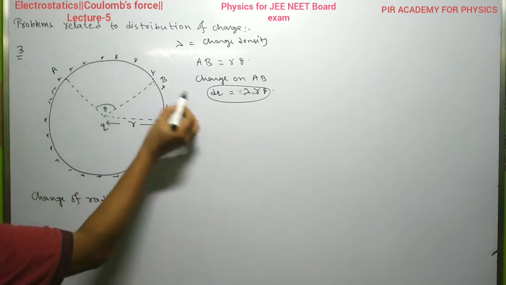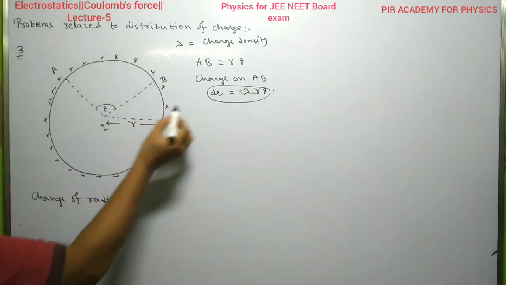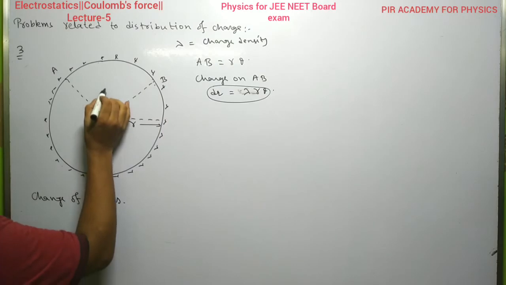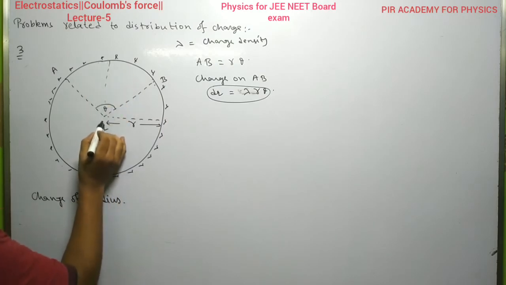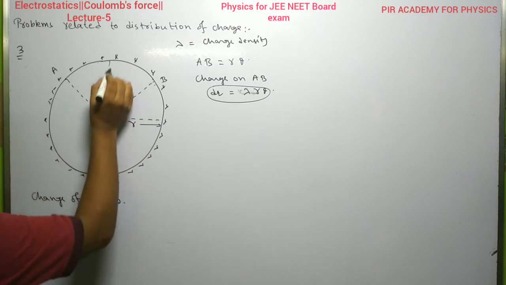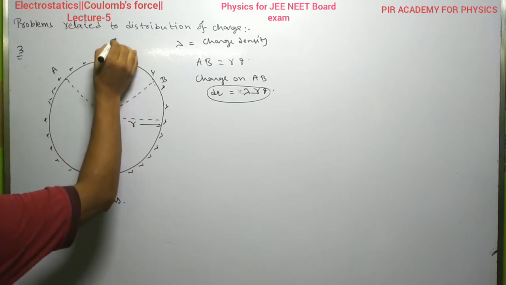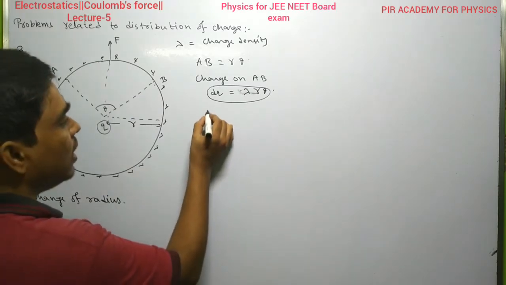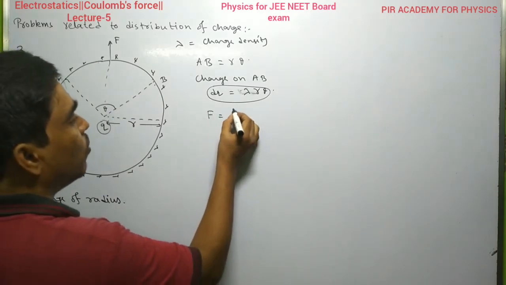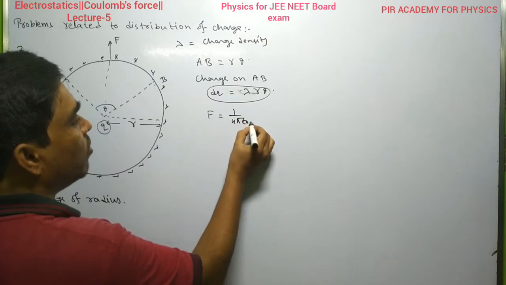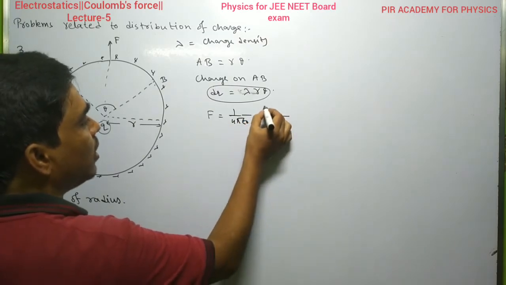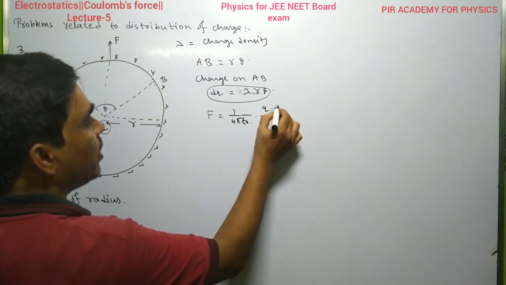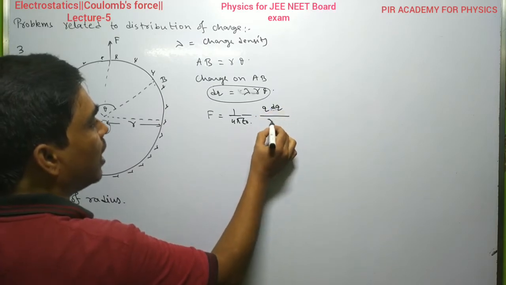In this portion the charge is dq. This charge is repelled by the charge q, so the repelling force is along this direction. So what will be the F? F will be 1 by 4 pi epsilon naught into q dq by r square.